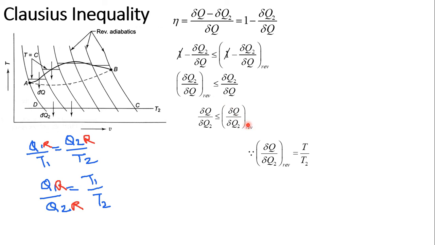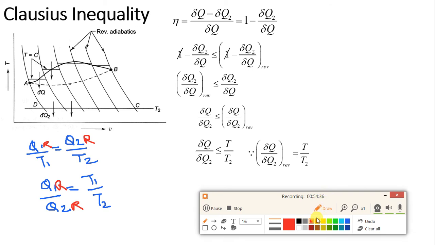If you see this part, delta Q by delta Q2 reversible is replaced by T by T2 using this equation. This we get from the absolute thermodynamic temperature scale.